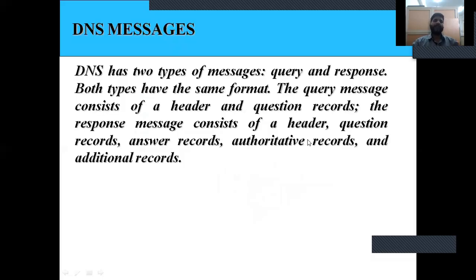So DNS message is like that. Definition of DNS message: DNS has two types of messages, query and response. Both types have the same format. The query message consists of a header and question records. The response message consists of a header, question records, answer records, authoritative records, and additional records.